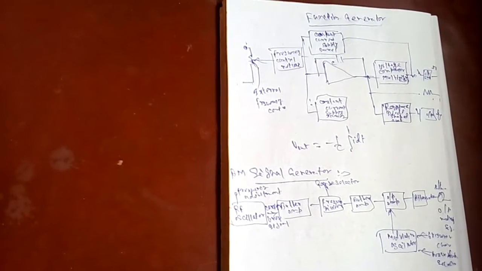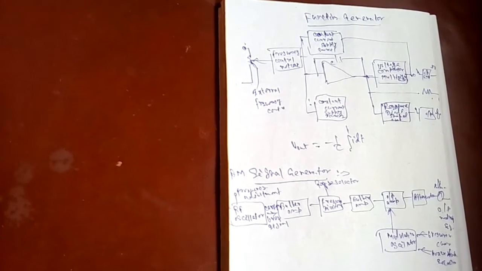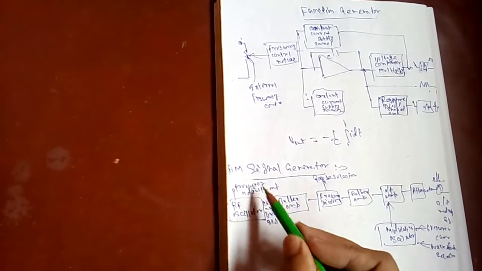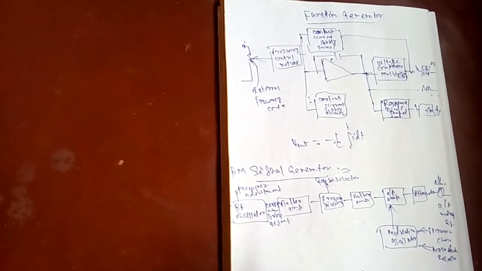The carrier wave frequency can be varied and indicated with the help of the range selector switch. The selector switch selects how many frequency ranges we require.